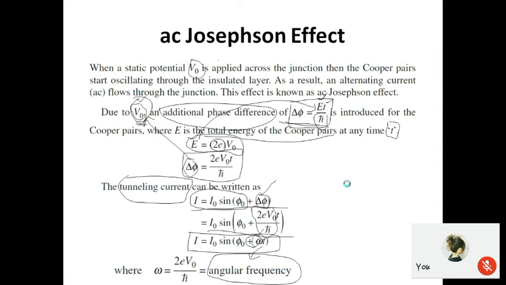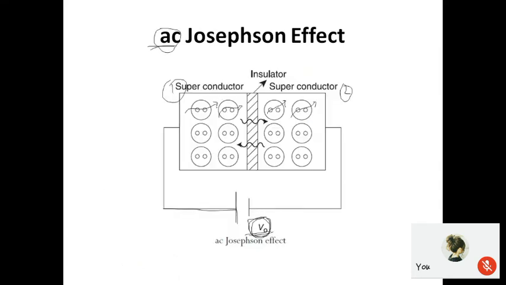That means the passage of the Cooper pairs will be such that, we assume there is a higher concentration of Cooper pairs in superconductor 1 when compared to superconductor 2. So these Cooper pair waves will try to penetrate from 1 to 2, or Cooper pairs will move from 1 to 2, constituting a current.